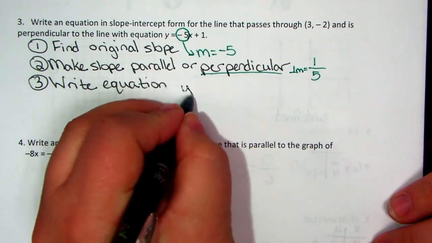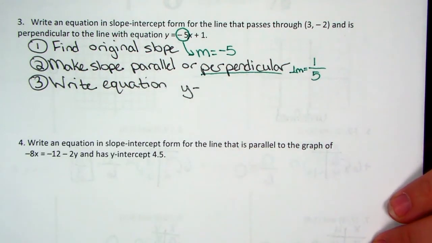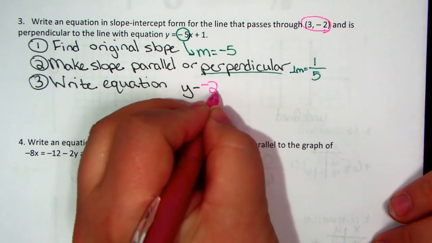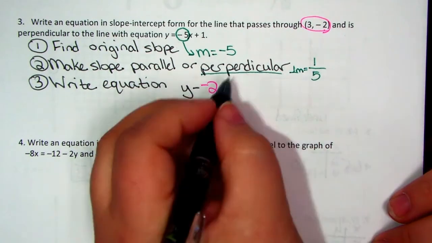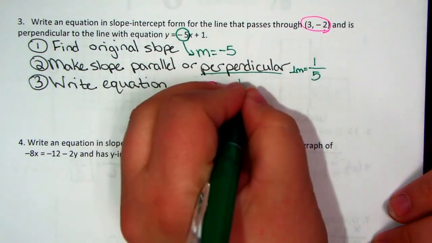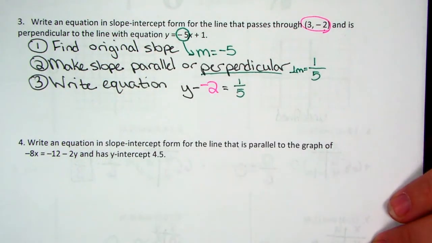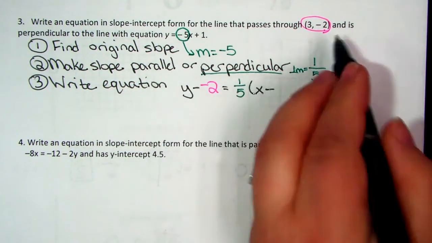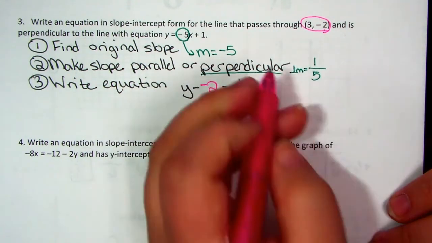Y minus my y coordinate. Here's my point. So my y coordinate is -2 equals my slope 1/5 parentheses x minus my x coordinate, which is 3.